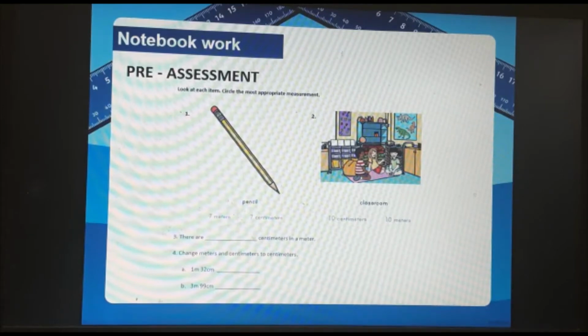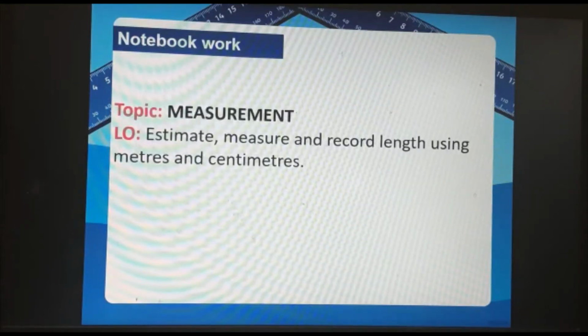This is not the teaching that I'm going to do with you. Till the time you don't know, you don't become perfect. So this is just to check your prior knowledge of the topic. Now, on the new page, you are going to write the topic as well as the learning objective.